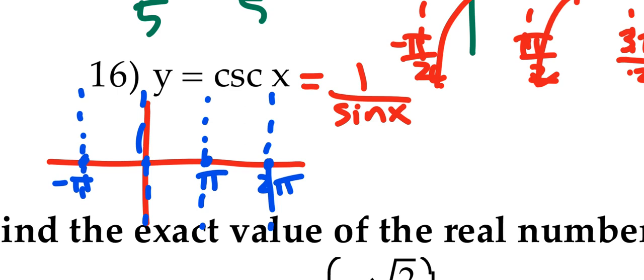Yes, really. Okay, now, what was the highest value on a sine wave? 1. And what's the lowest value on a sine wave? Negative 1. Okay, so now what's so special about those maximums and minimums of the sine wave?